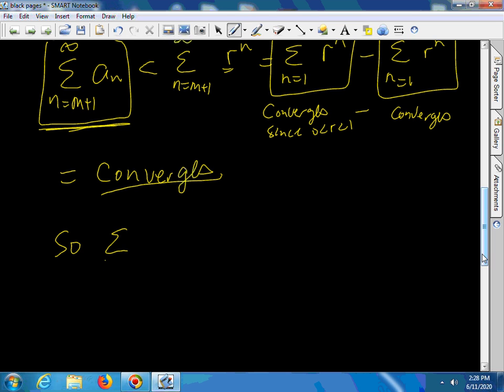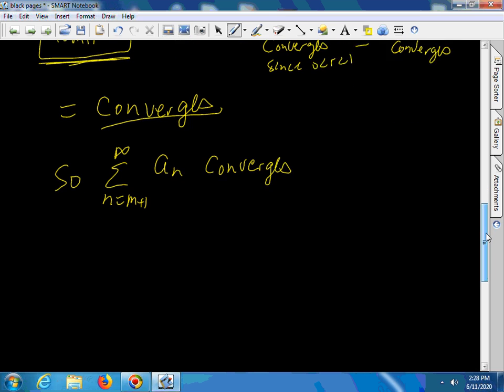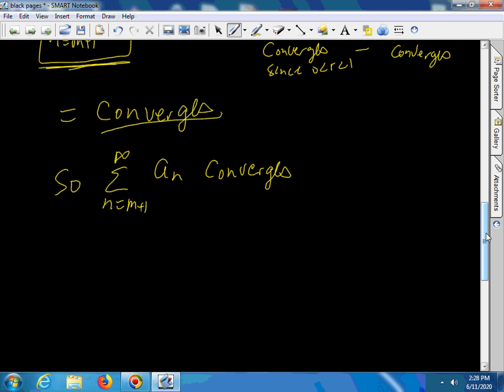So the summation as n goes from M plus 1 to infinity of a sub n converges. But we don't want that to converge. We want the whole sum to converge, not any terms missing.